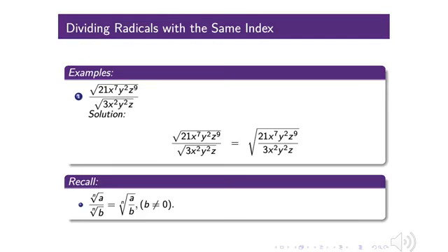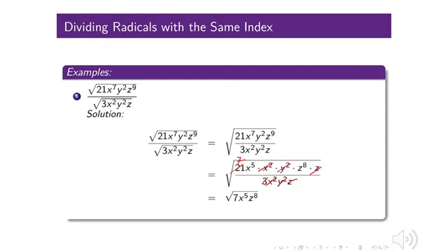For our second example, we are going to divide radicals. To solve this, we use the quotient property of the radical. So the square root of 21x raised to the power of 7 y squared z to the power of 9 over the square root of 3x squared y squared z can be expressed as the square root of 21x raised to the power of 7 y squared z to the 9 over 3x squared y squared z.